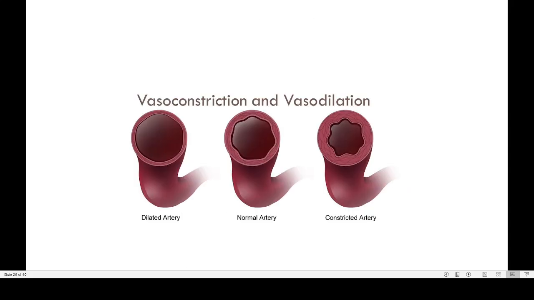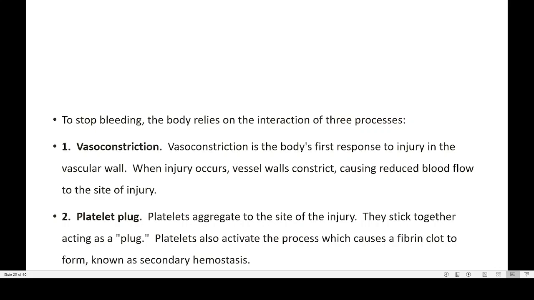Platelets aggregate, which means they come together at the site of injury. They stick with each other, acting as a plug. That is why it is known as platelet plug formation.